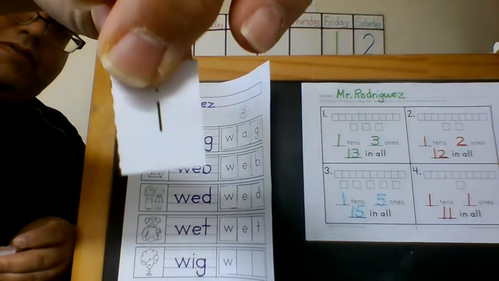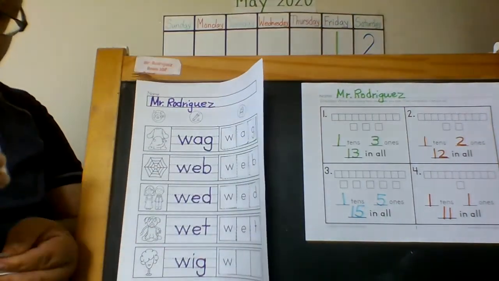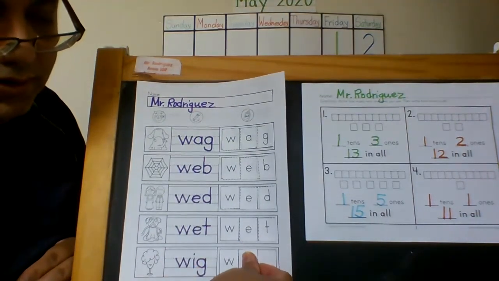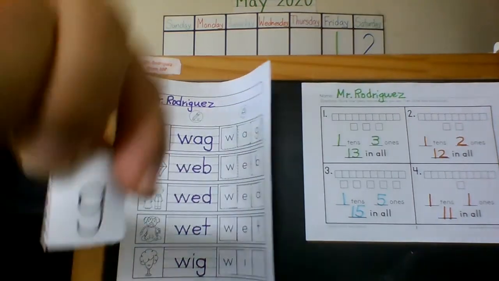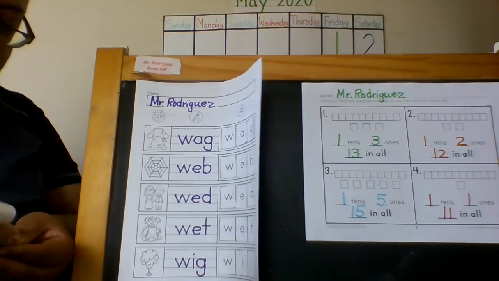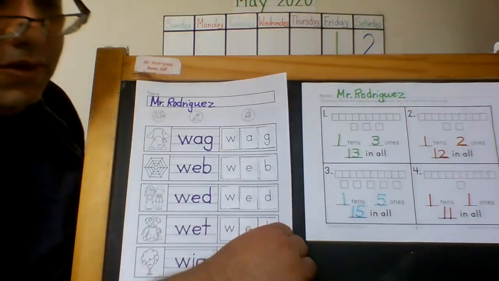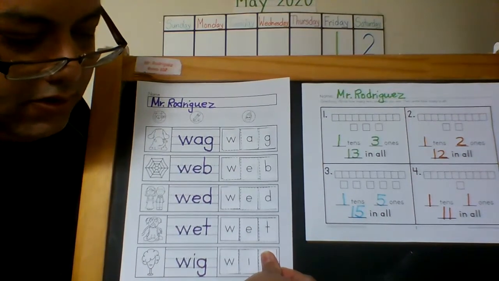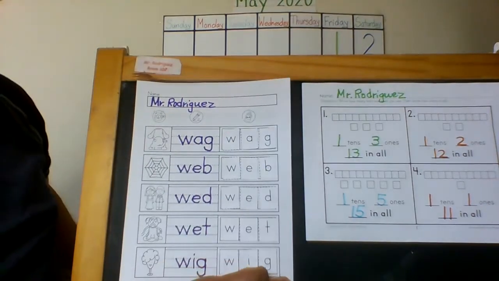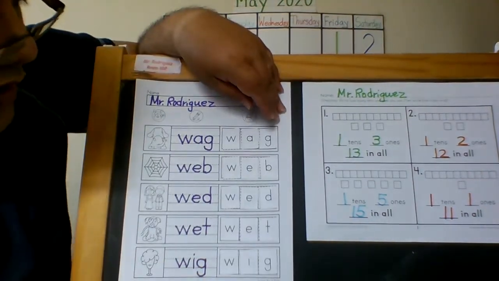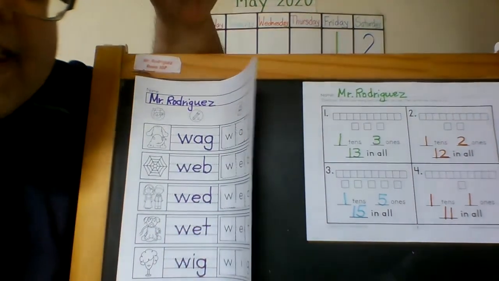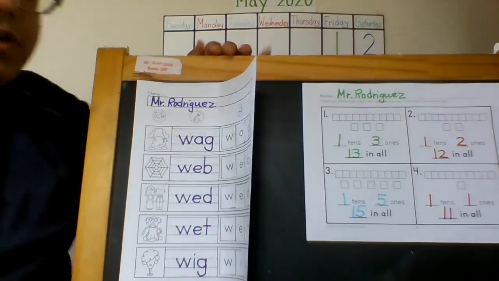I. And G. So, this is what it looks like. W-E-T for wet. W-I-G for wig. Alright? And that's what you're going to do with the other worksheets.